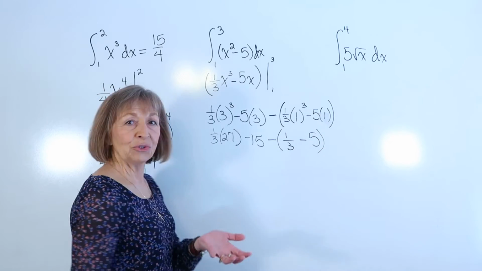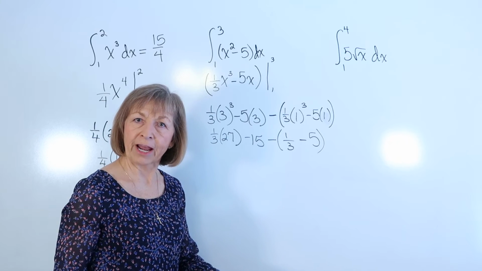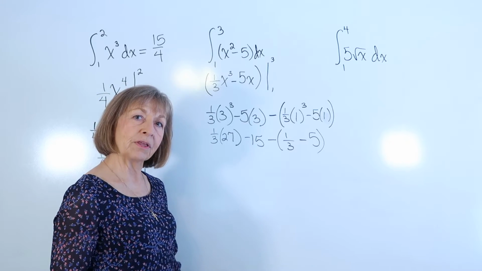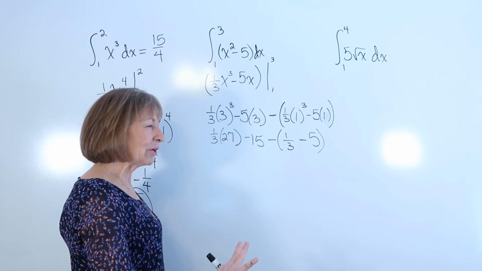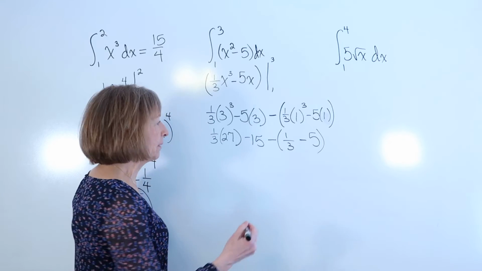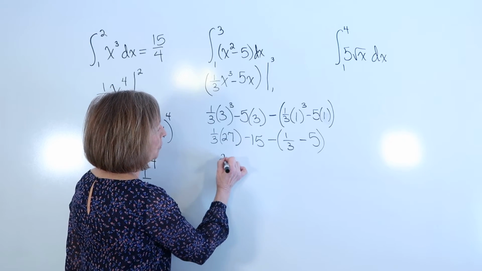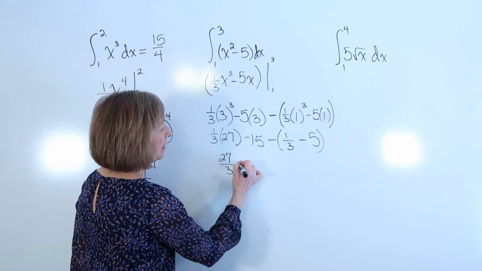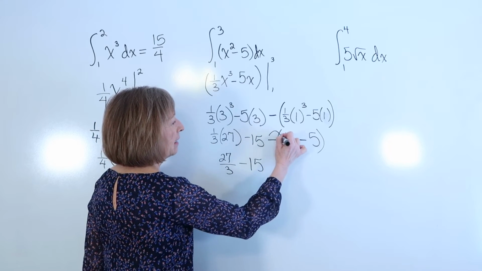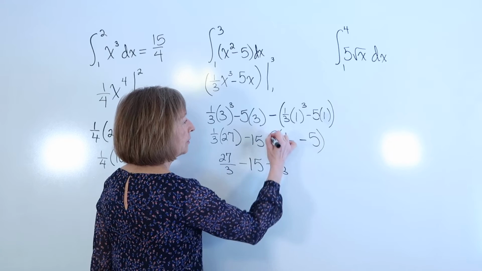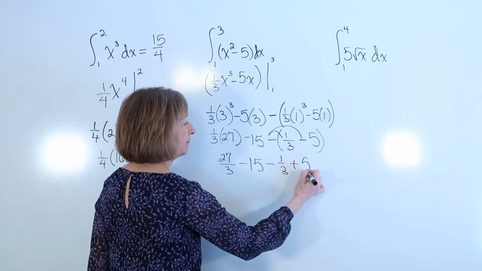Now, because I do have a couple of places where I have a fraction with a denominator of 3, I'm going to leave those fractions a little bit and see what pans out from here. So I have 27/3 minus 15 minus 1/3 plus 5.